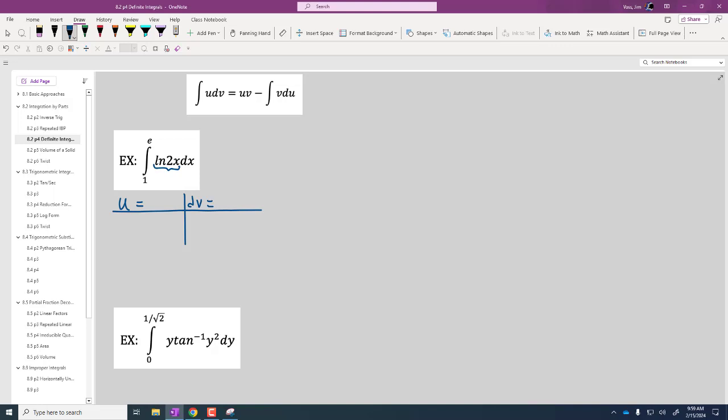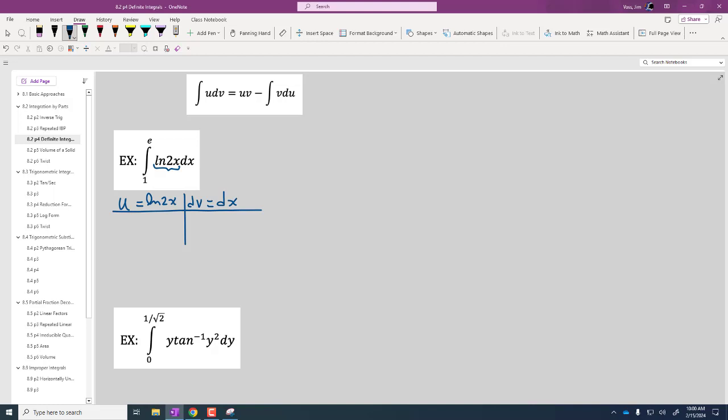Normally we think of integration by parts as undoing a product. Well, it can also be used for natural logs and inverse trig functions. So we are going to instantly choose the natural log has to go over here with the u because if we put it over here, we'd be doing the same problem. We'd be trying to integrate natural log of 2x, which is what we're trying to do. So we put it over with the u.